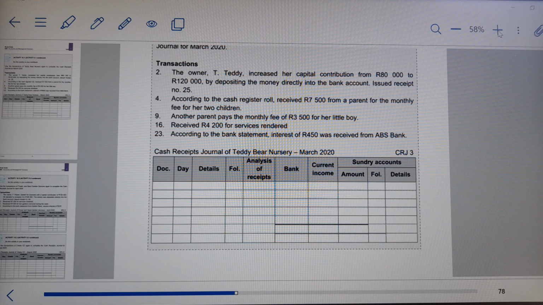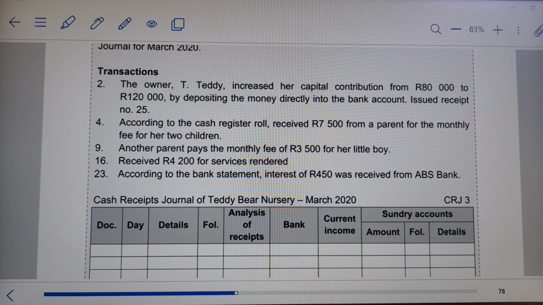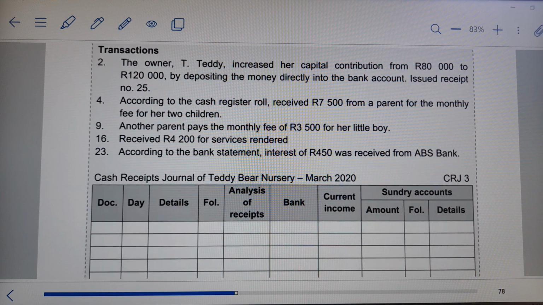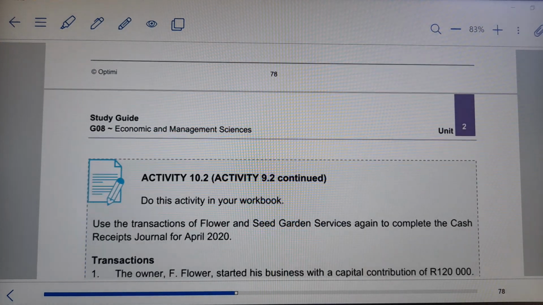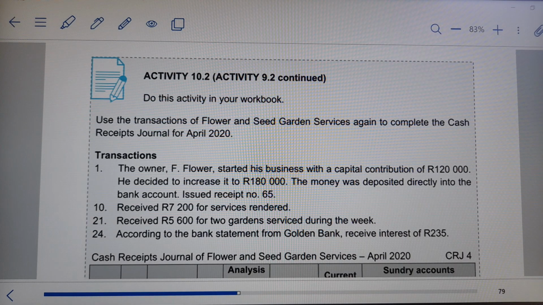So let's look at what we have on the next pages. You do activity 10.1. You do activity 10.2.